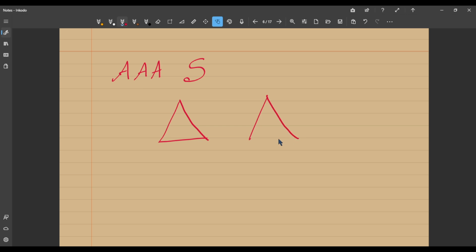Given that the three corresponding angles are equal, meaning this is 1, this is also 1, if this is 2, this is also 2, if this is 3, this is also 3, and I am also assured that one of the sides, maybe this side, is equal to the corresponding side.